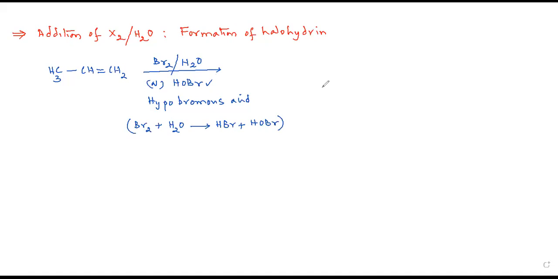As usual, following Markovnikov addition, see the negative part of this reagent is OH minus. Let me add this to that double bonded carbon which has less number of hydrogens. Right. So this is 1-bromo-propan-2-ol. Okay.